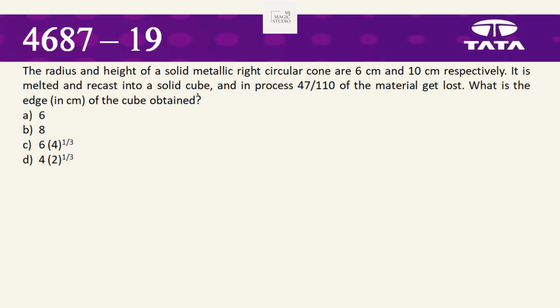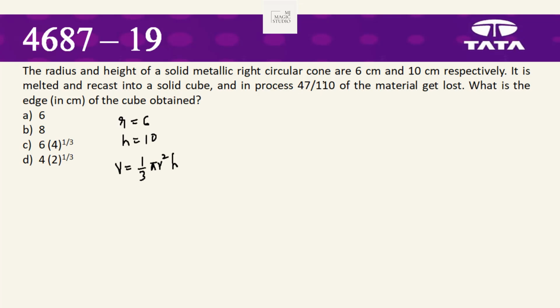Now 2 questions from mensuration. This one is the first one. The radius and height of a solid metallic right circular cone are 6 cm and 10 cm respectively. Radius 6, height 10. It is melted, that means volume. Volume of cone is 1 by 3 pi r square h and recast into a solid cube.